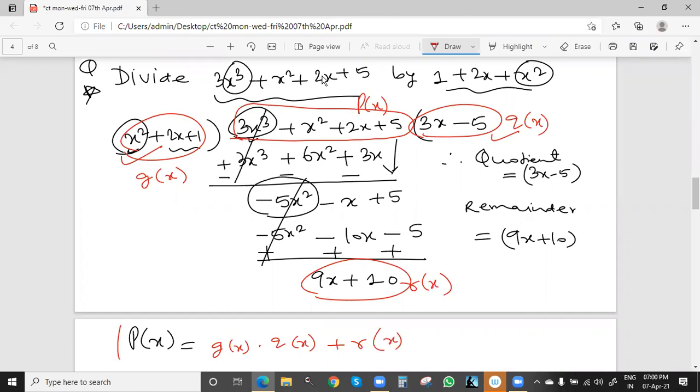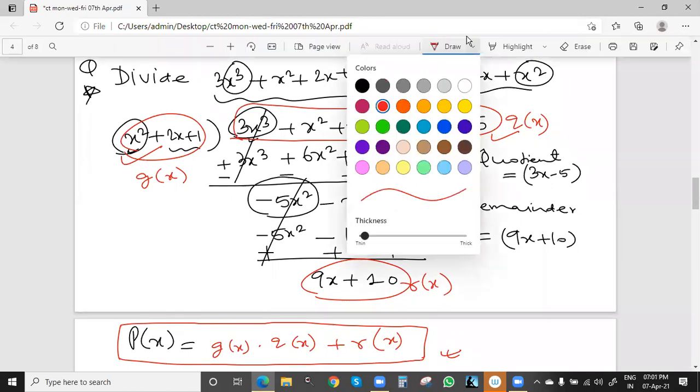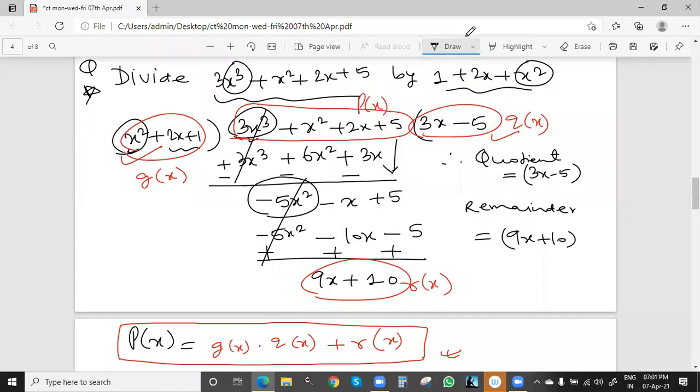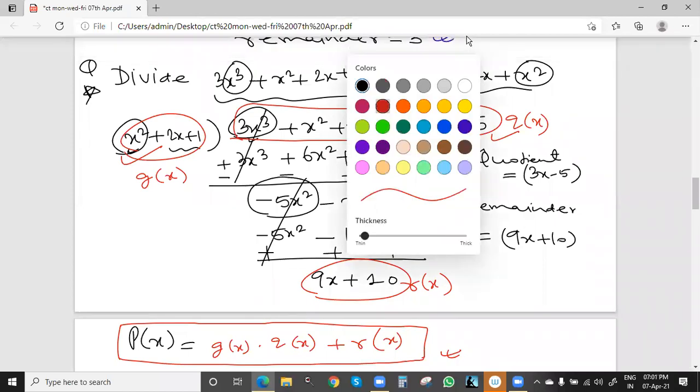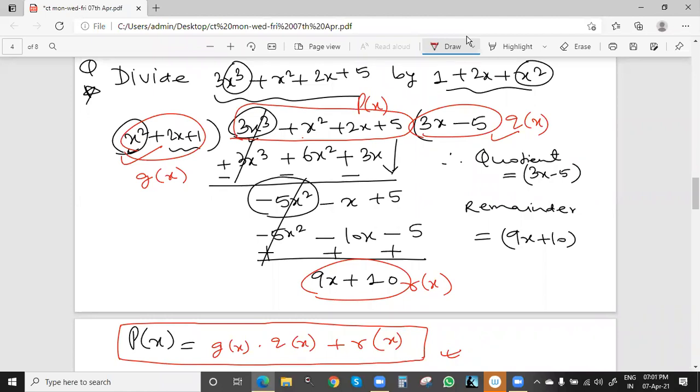This is one standard method of writing, because now we are having polynomials, not constant values. So p(x) is 3x cube plus x square plus 2x plus 5, g(x) is x square plus 2x plus 1, q(x) is 3x minus 5, and the remainder is r(x).